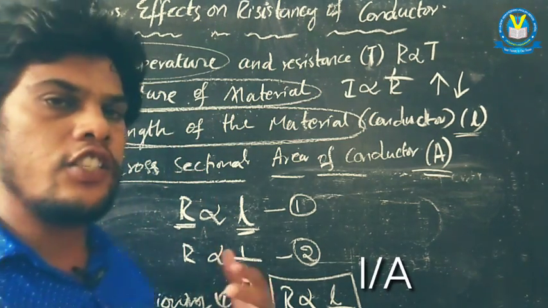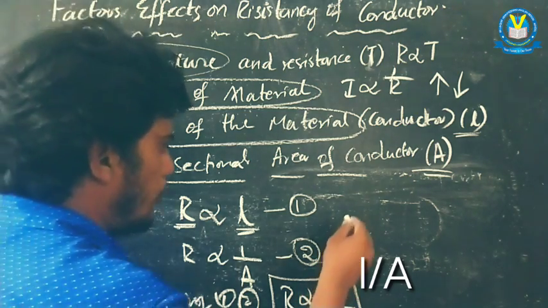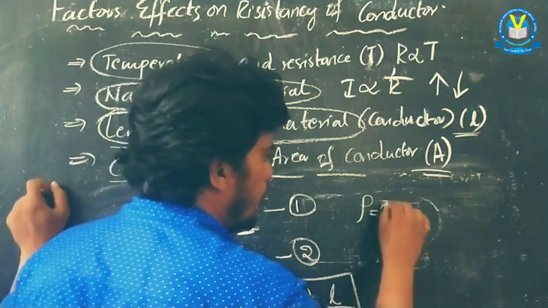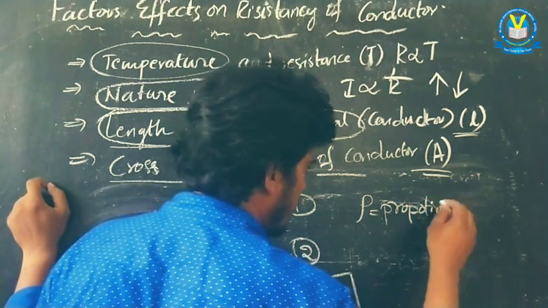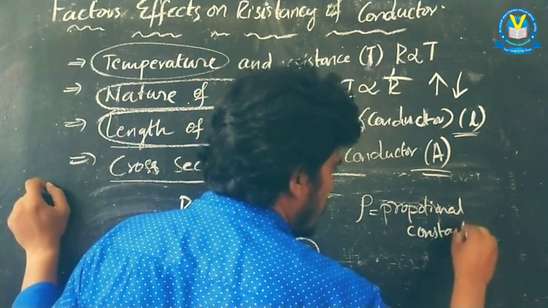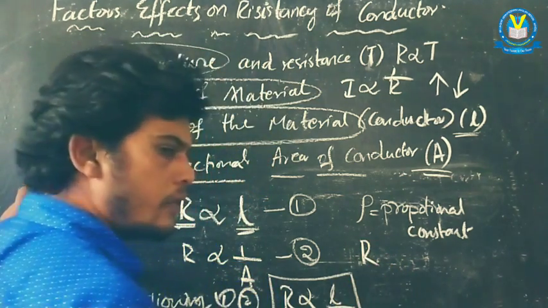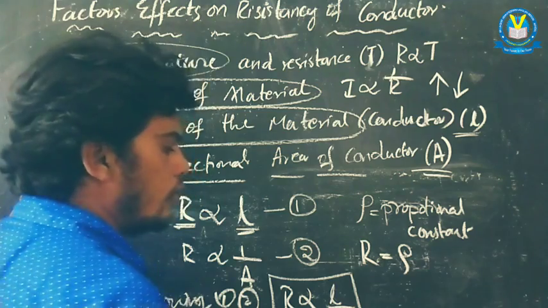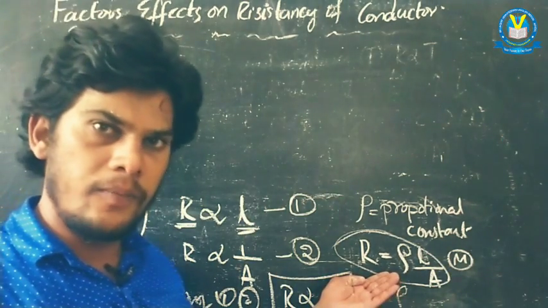Now I am substituting a proportional constant here. That proportional constant is nothing but rho. So rho is a proportional constant. By substituting the proportional constant, our resistance equals rho L by A. This is the formula of resistance.